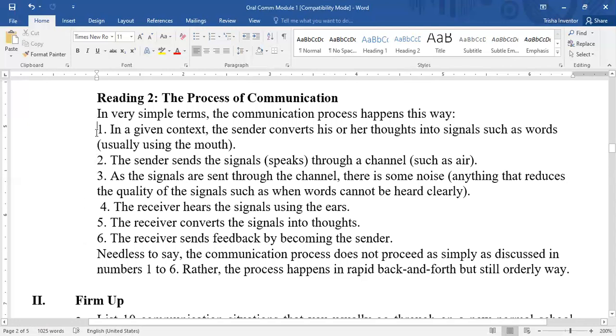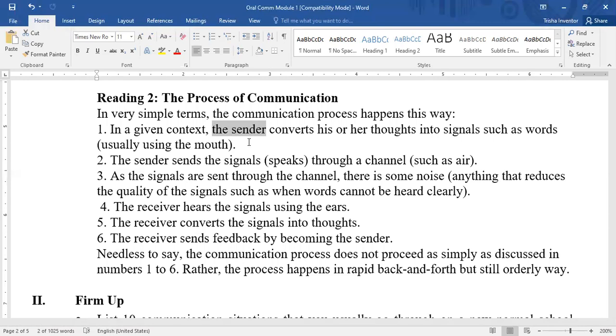So, first, of course, in a given context, the sender converts his or her thoughts into signals such as words, usually using the mouth. In our case right now, me talking to you in a video, I am the sender of this information.